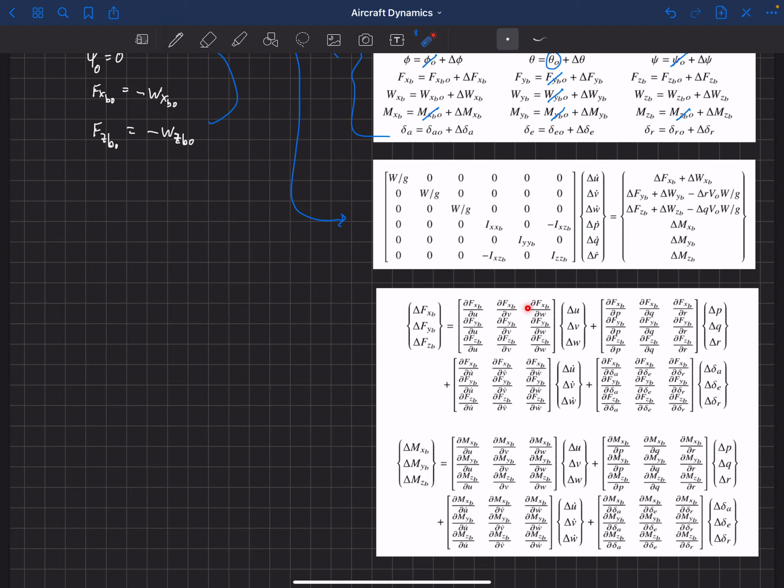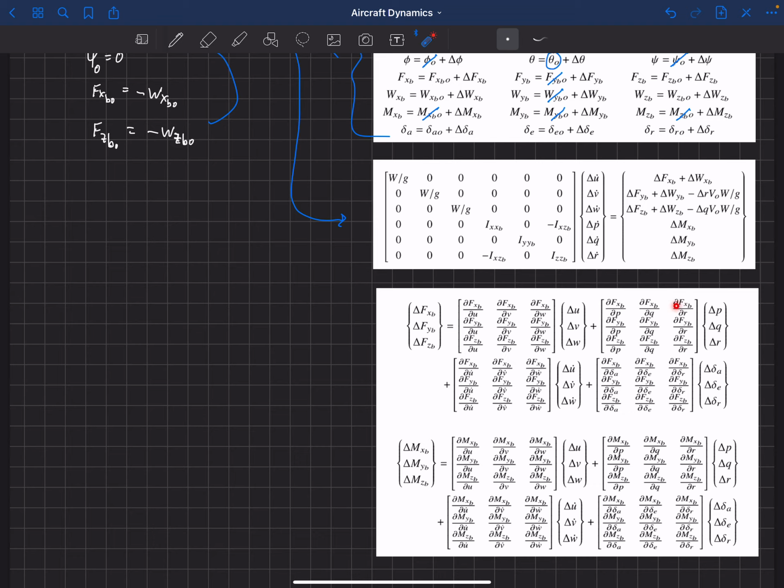So for example, if we just take this first line here, the change in force in the x direction is equal to the first term in the Taylor series of the change in force in the x direction with respect to u times delta u, the change in the x direction with v multiplied by delta v, and x with respect to w times delta w, right?